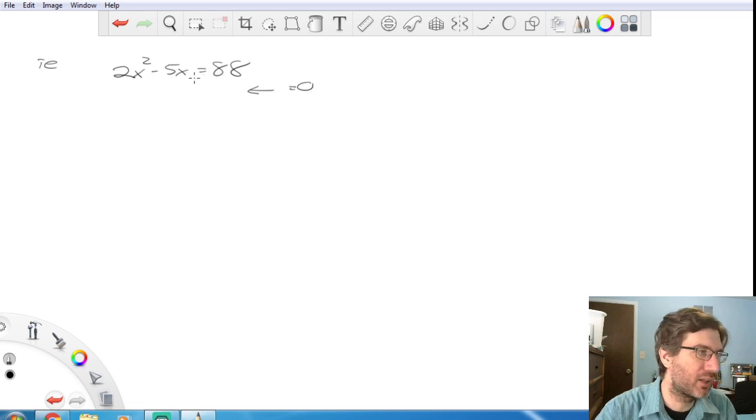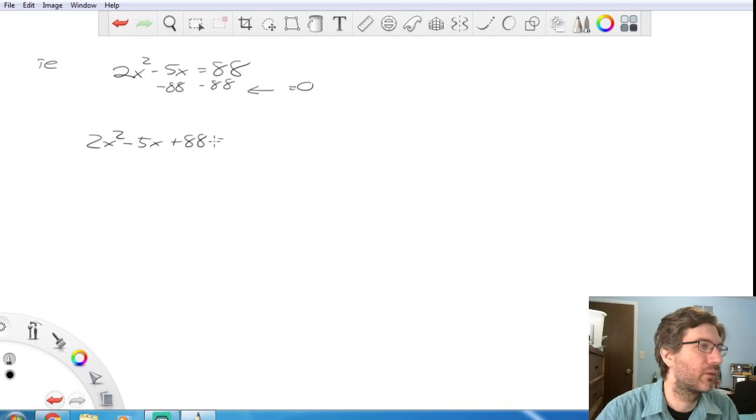Right now it equals 88, so I'm going to subtract 88 from this side and subtract 88 from this side. So I get 2x squared minus 5x plus 88 equals 0. I don't know why I picked high numbers. But there's that. Next you're going to factor.